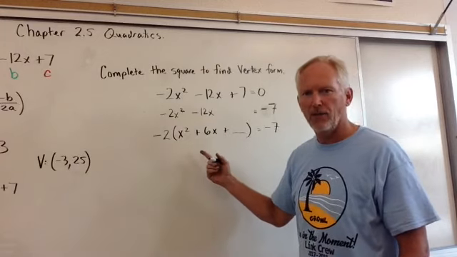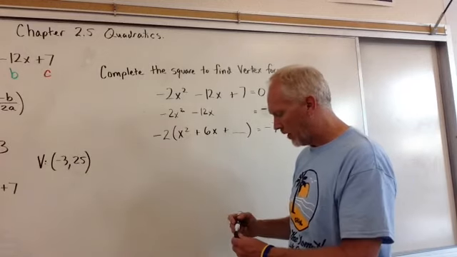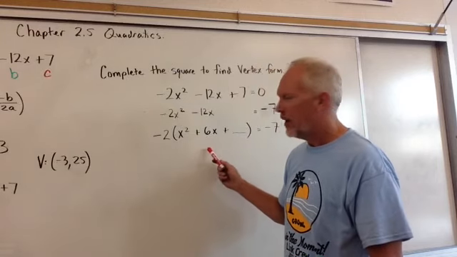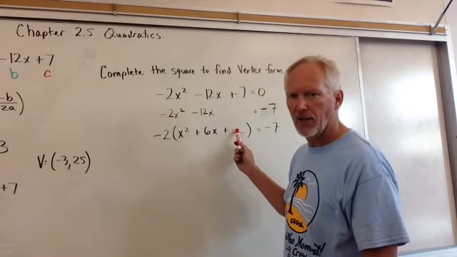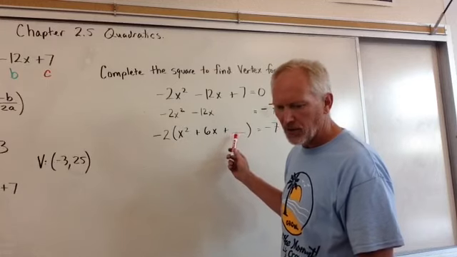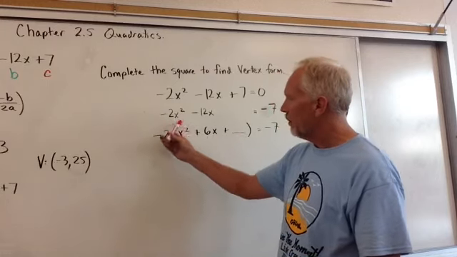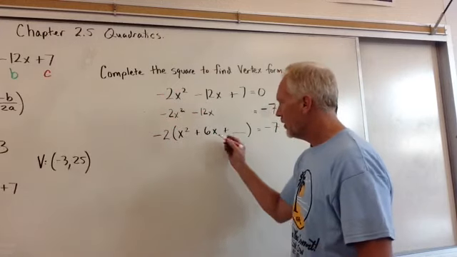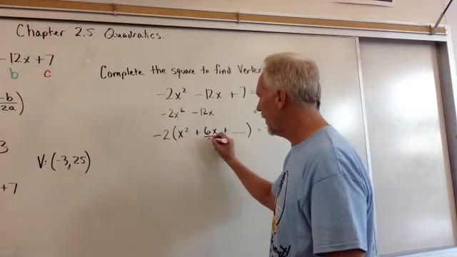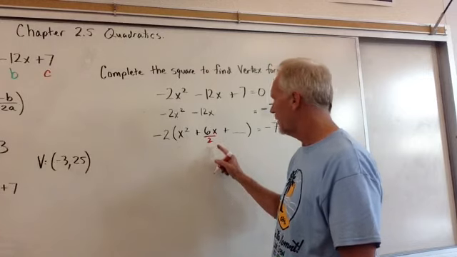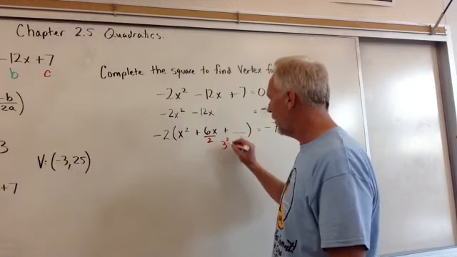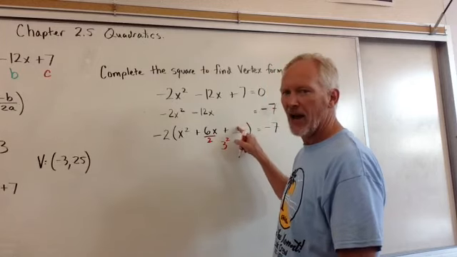Now, last time in the video, what we did was we took half of the middle number and then squared it to get this number here. We're going to do the same thing, except remember, we have to think as though we've factored a negative 2 out. So, in fact, when we take half of 6, that's going to give us 3. Then we're squaring 3, which is 9.